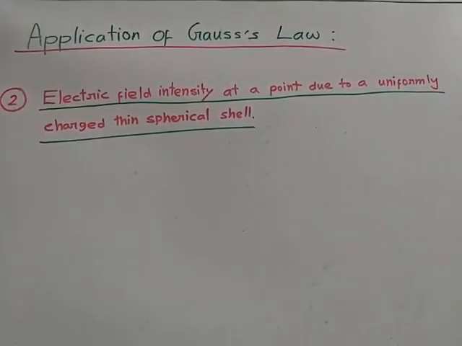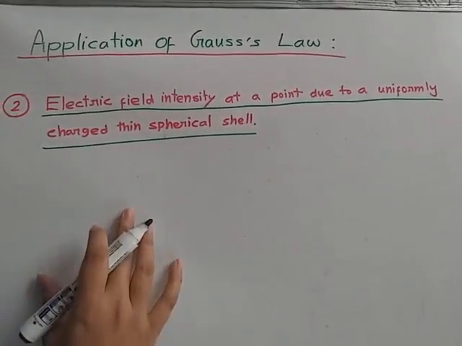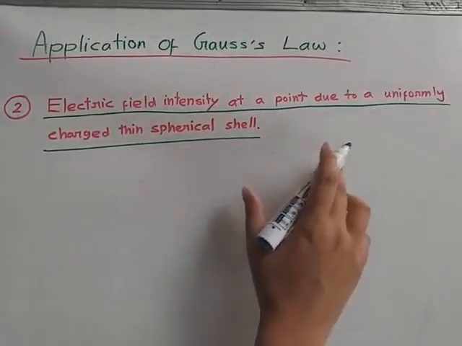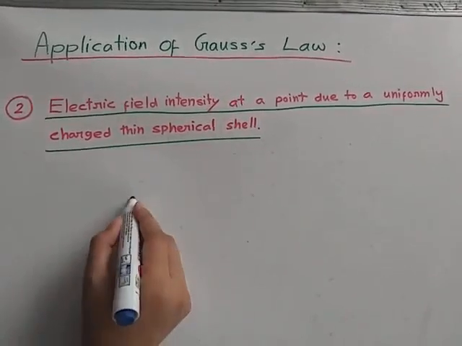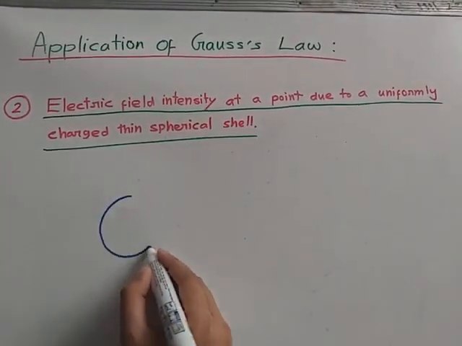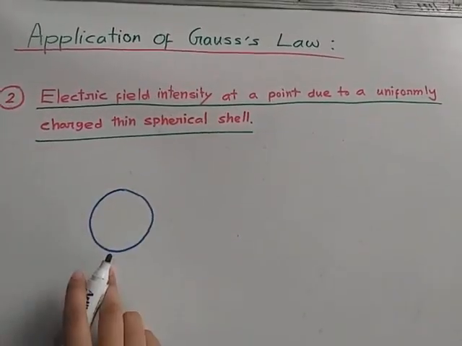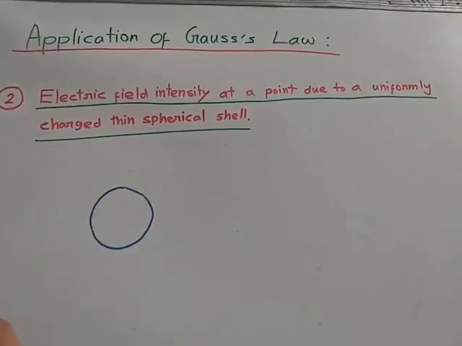Now let's do the second application of Gauss's law. Here it is. We have to find the electric field intensity at a point due to a uniformly charged thin spherical shell. A spherical shell is like a hollow sphere, just like a football, empty inside.